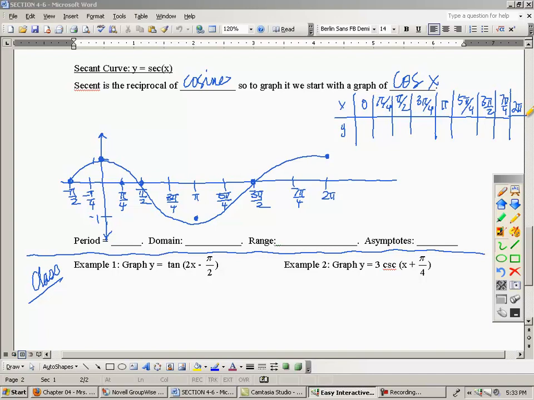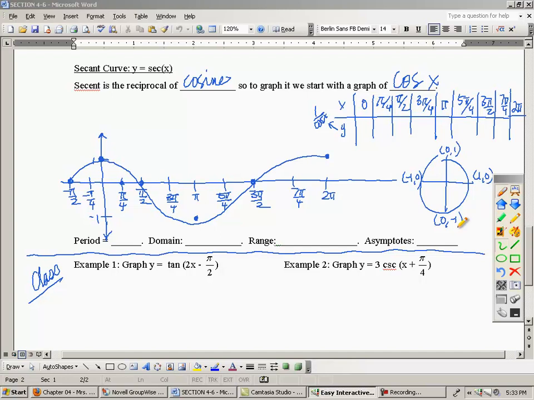All right, as we look at this, again, this y value is going to be 1 over the cosine. So if you again draw your unit circle, 1, 0, 0, 1. And again, I think it's easier if you've got your unit circle ready, but keep this in mind. Okay, here we go. I'm looking at the y values this time.